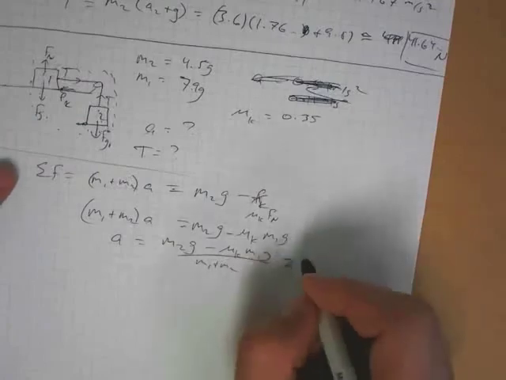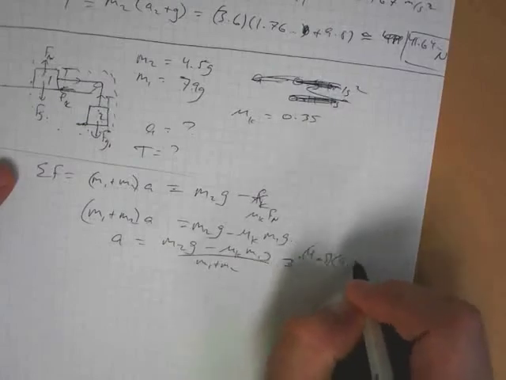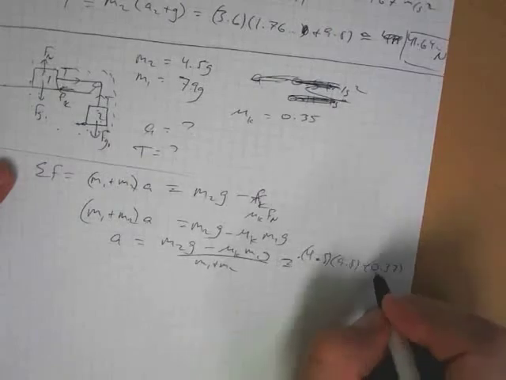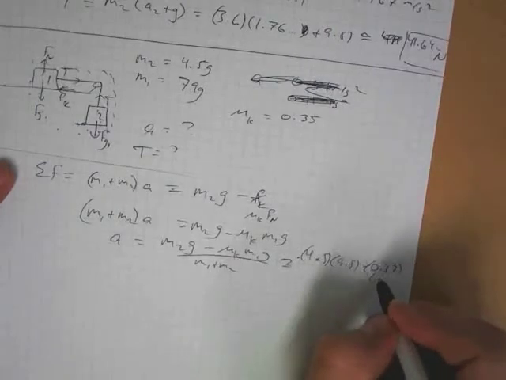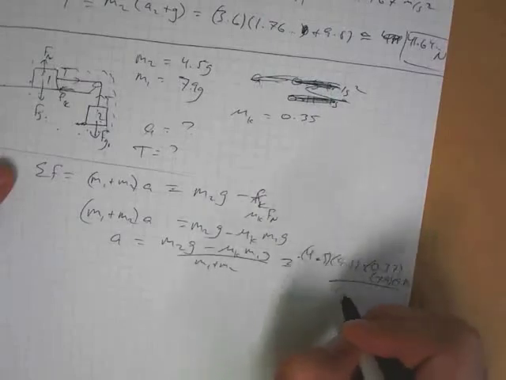Mass of 2 is 4.5 grams. So that's 4.5 times 9.8 minus 0.37 times, I ran out of space, times 7.9 times 9.8 over 4.5 plus 7.9.